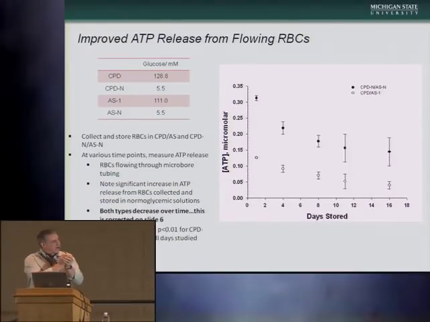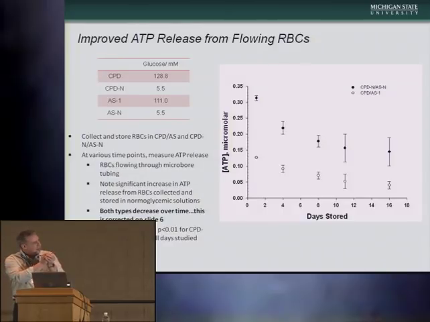By the way, these values right here, even on day 1, are the exact ATP release values that you see from people with type 1 and type 2 diabetes. Very low. Here's the ATP release from the same cells but stored in the normal glycemic values. And again, these are very typical ATP release values of a healthy patient.